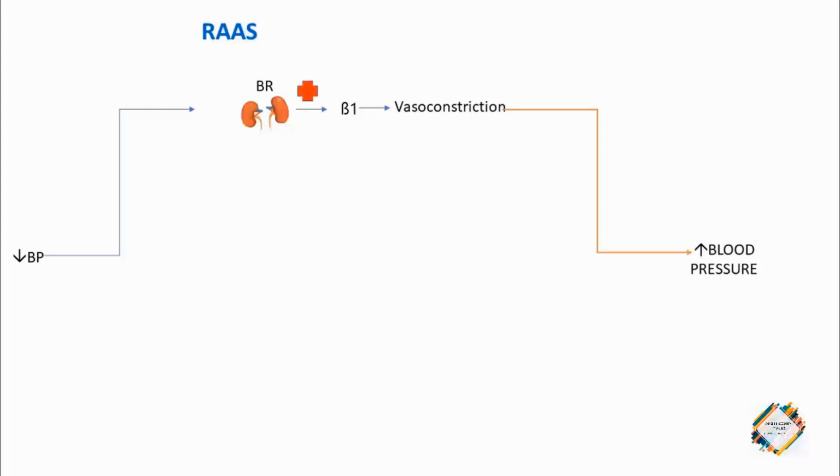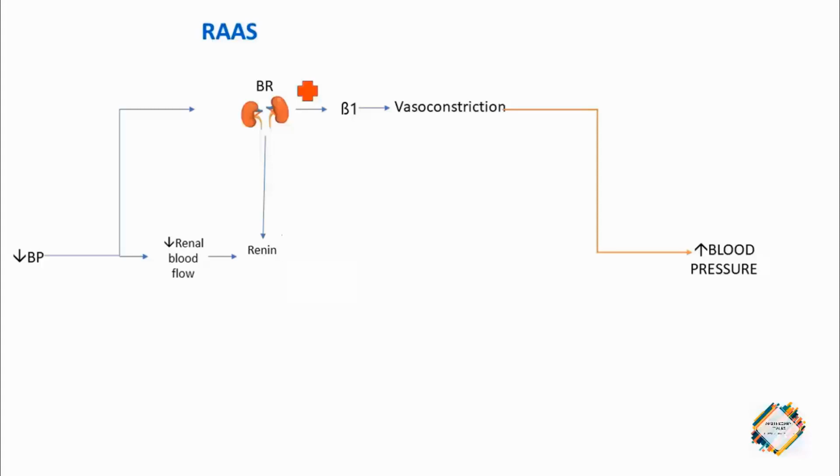At the same time, when the BP falls, the renal blood flow is also decreased. This will cause the release of the enzyme renin. This enzyme renin is also released when there is low sodium intake or when there is a greater loss of sodium. At the same time, the baroreceptors in the kidney are also responsible for the release of renin.